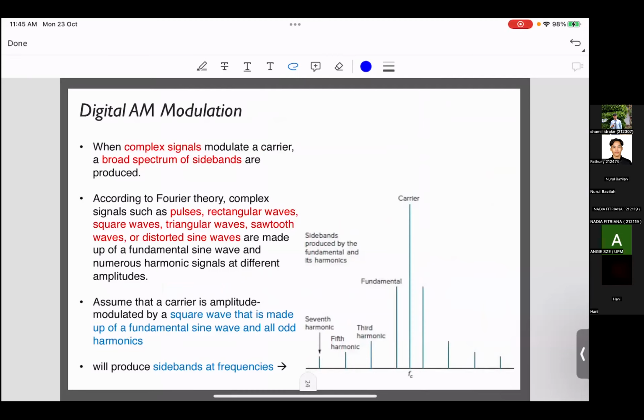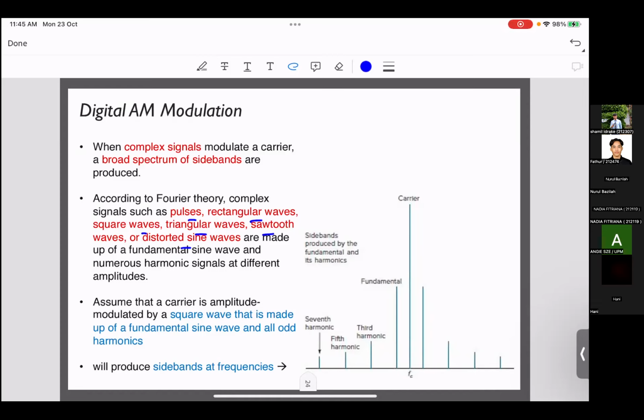When complex signals modulate a carrier, a broad spectrum of sidebands is produced. We know this already. According to Fourier theory, complex signals such as pulses, rectangular waves, square waves, triangular waves, sawtooth waves, or distorted sine waves are made up of a fundamental sine wave and numerous harmonic signals at different amplitudes.